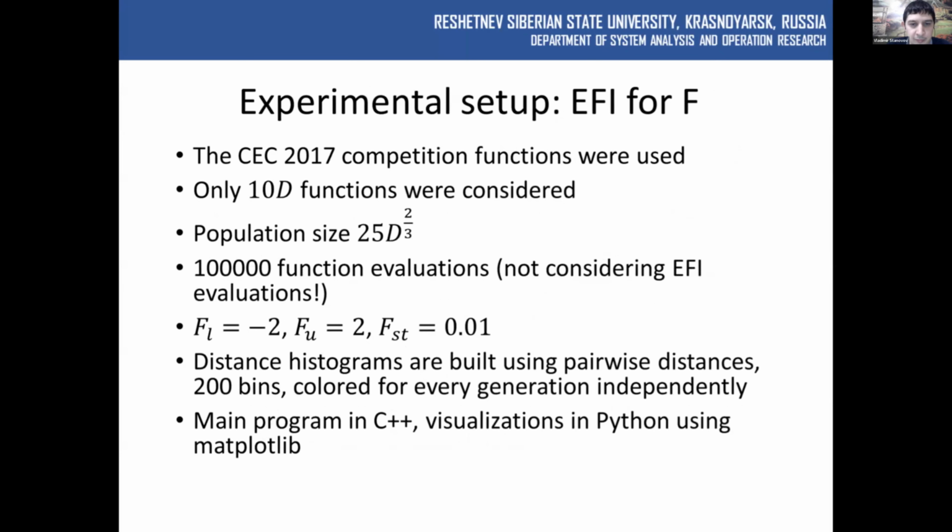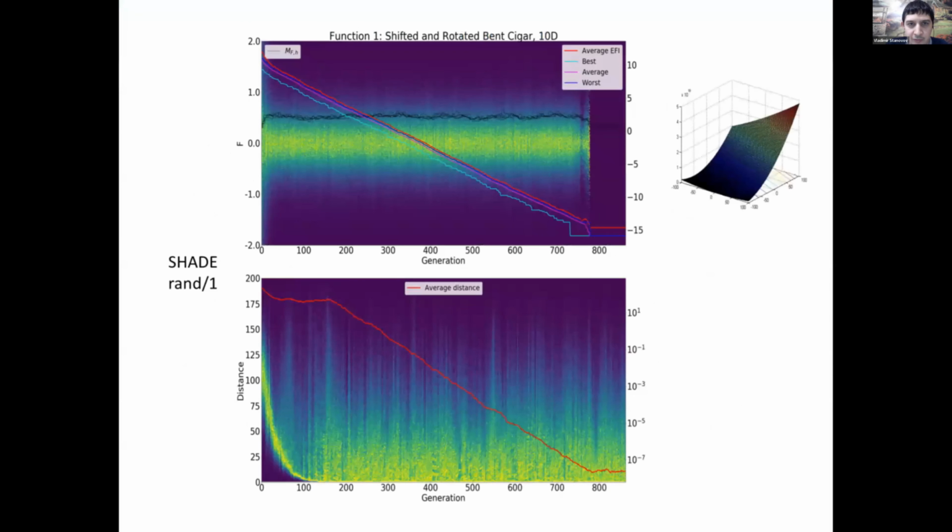So these are some parameters for the experiment that I will show you. And it looks something like this. This is a very simple function, as you can see on the right, like a bent cigar, a single local optimum, but it's ill-conditioned. And the upper graph shows us that the best F is actually something close to 0.